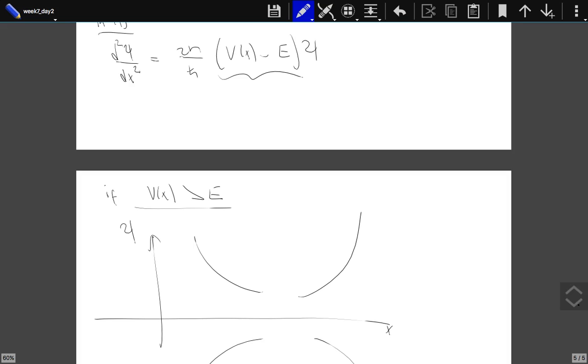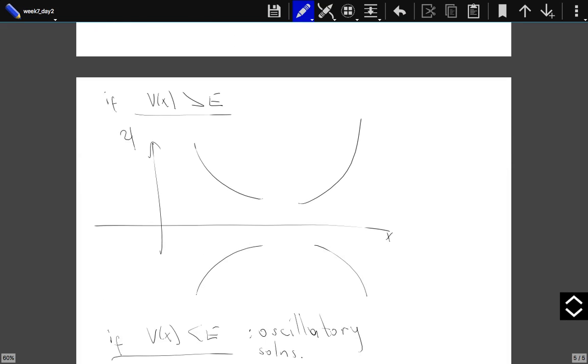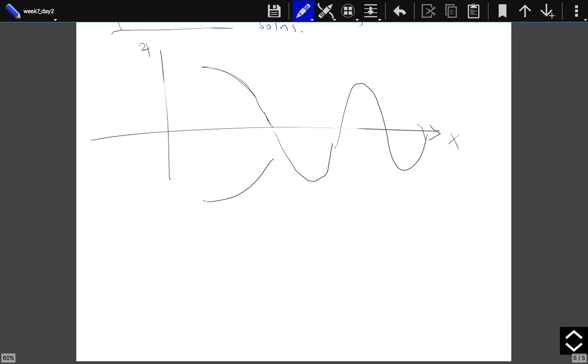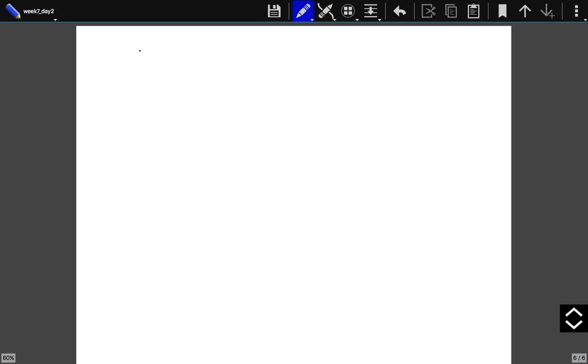There are no oscillations in that case. This basically allows you to sketch what the wave functions should look like. Just as an exercise, let's look at the simple harmonic oscillator.